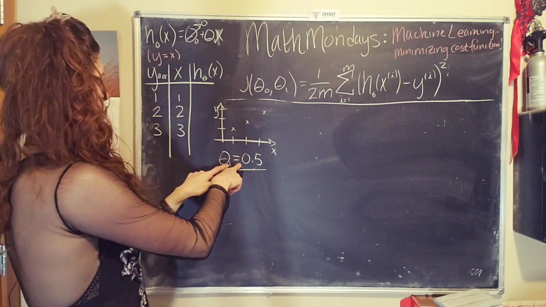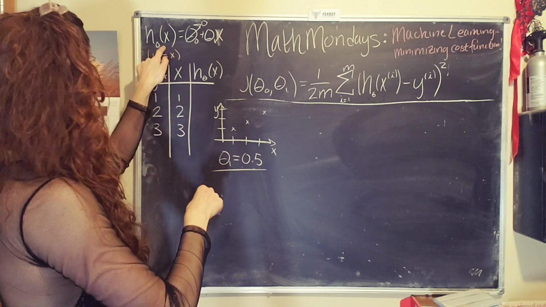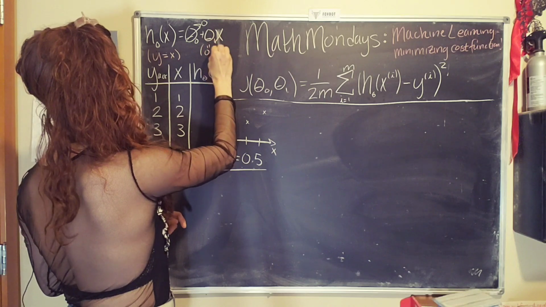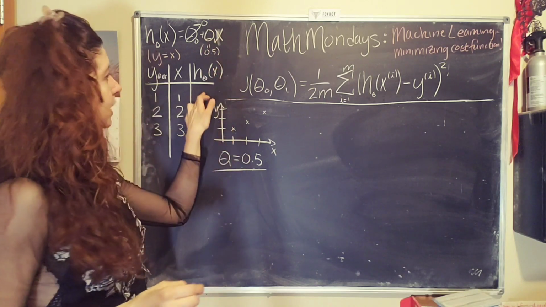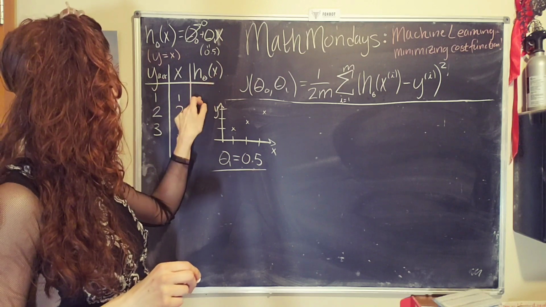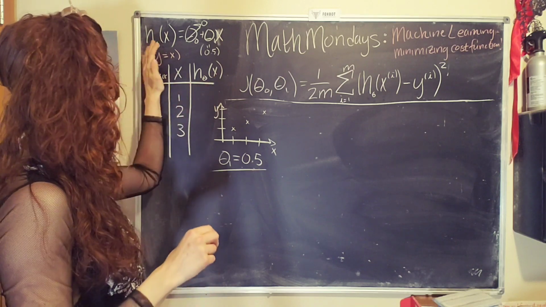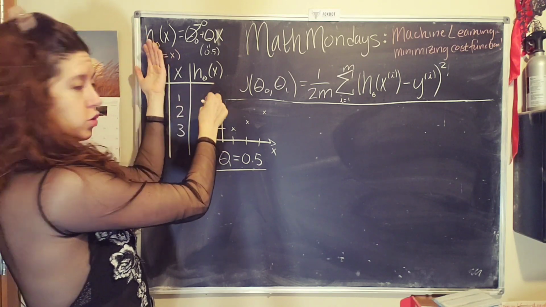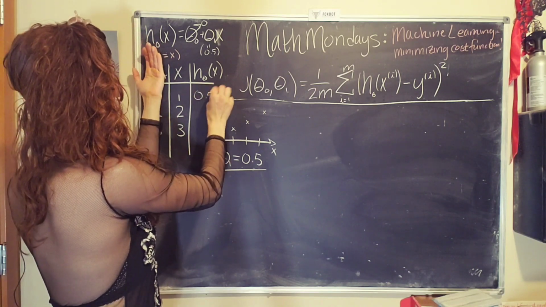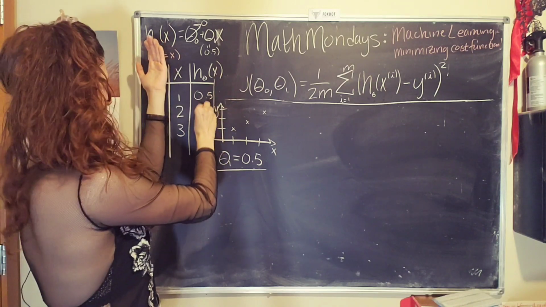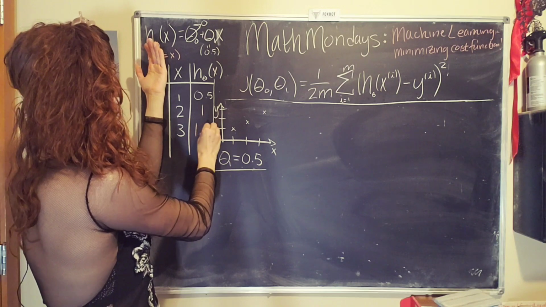So we plug in theta 1 for h of x, and in that case, this would equal 0.5. And we calculate the value of h of x for each x value. If x equals 1, then h of x is going to be 0.5. If x equals 2, this is going to be 1, and if x equals 3, this is going to be 1.5.